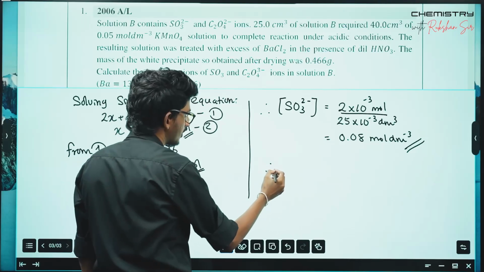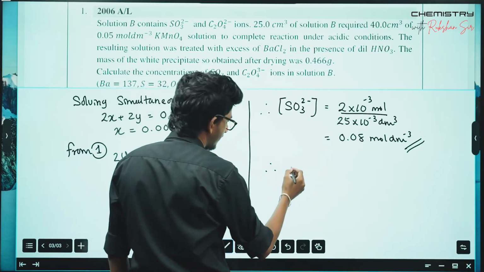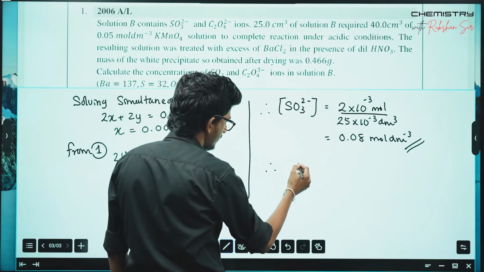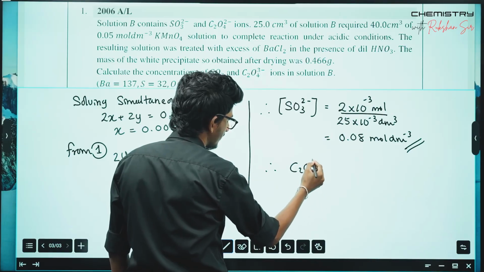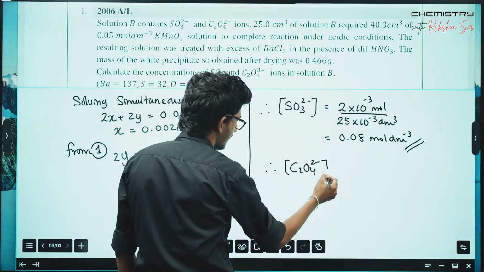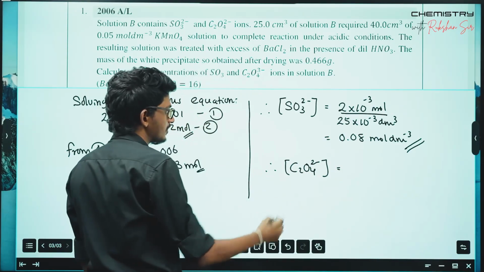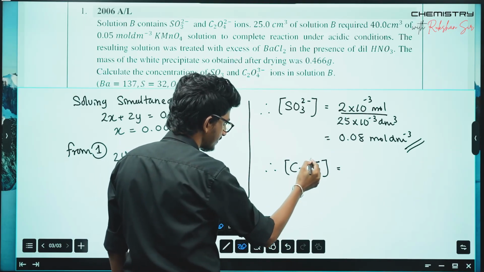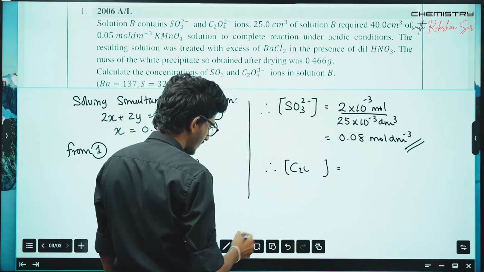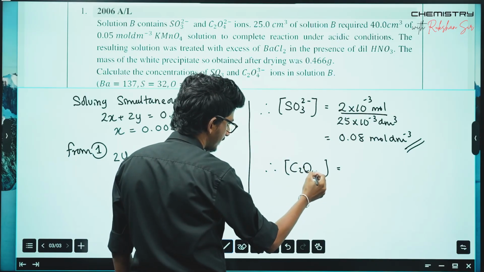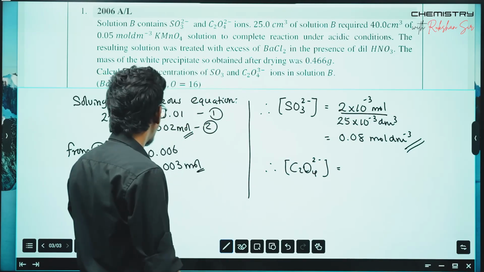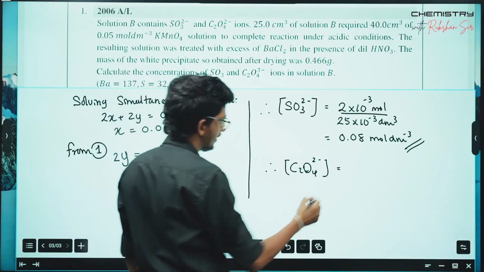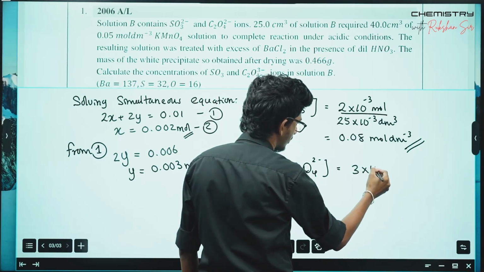If you are looking for the concentration of C2O4 2- ions, the number of moles of C2O4 2- is 0.003, that means 3 into 10 to the power minus 3.